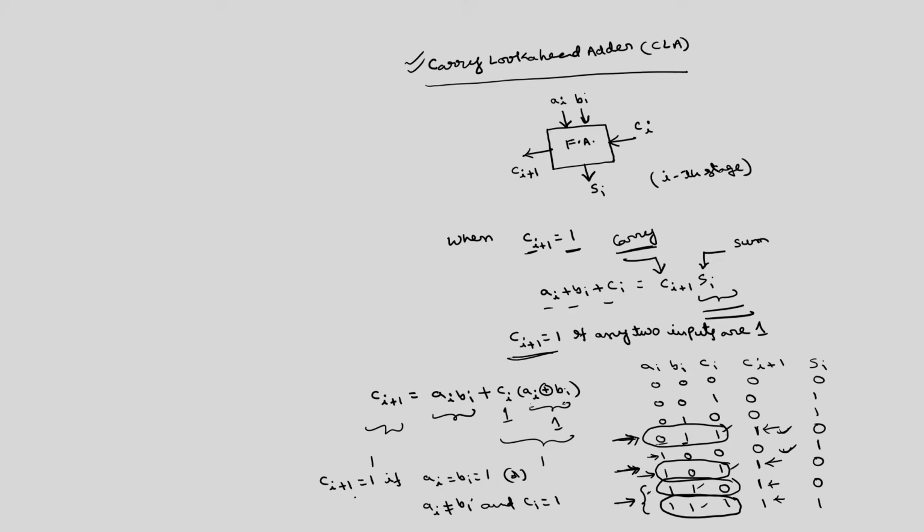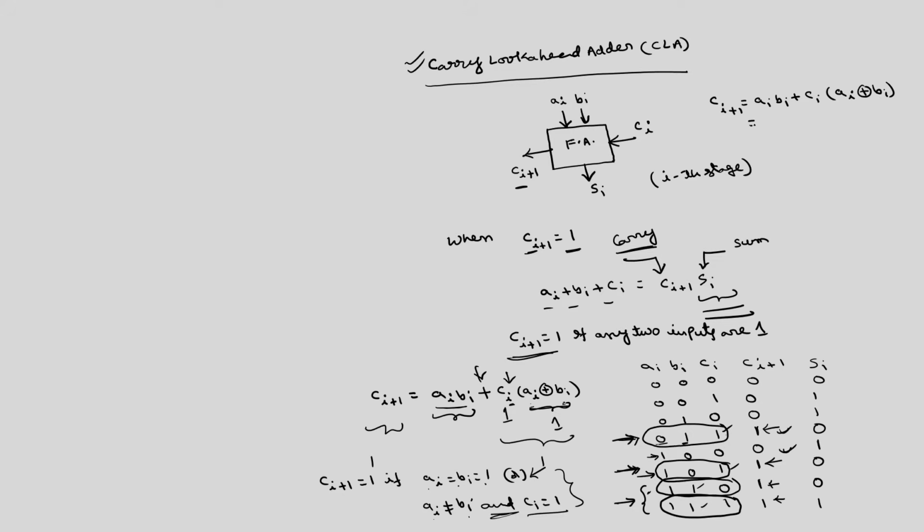This statement can be mapped onto the Boolean expression: Ai equal to Bi equal to 1 is Ai Bi, Ai not equal to Bi is Ai exclusive OR Bi, Ci equal to 1 is Ci, and this is the AND operation, this is the OR operation. So, the expression for Ci plus 1 is Ai Bi plus Ci times Ai exclusive OR Bi.